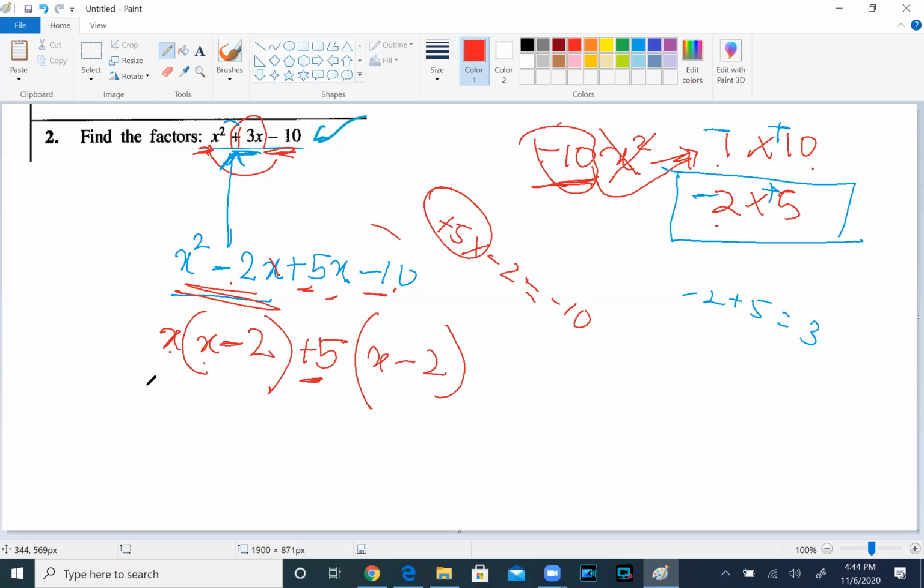After this, what you have to do is, here also x minus 2, here also x minus 2 is common. So you take x minus 2 as a common factor, then here x is remaining, and here plus 5 is remaining.